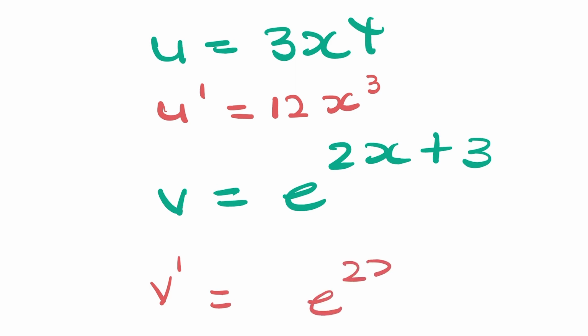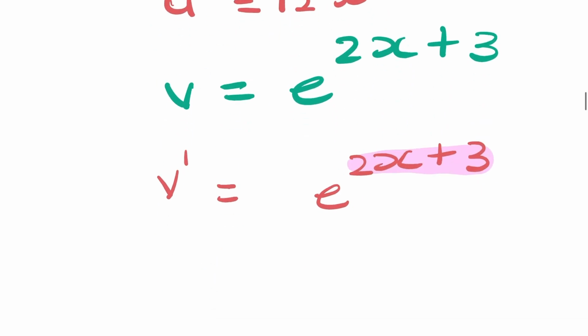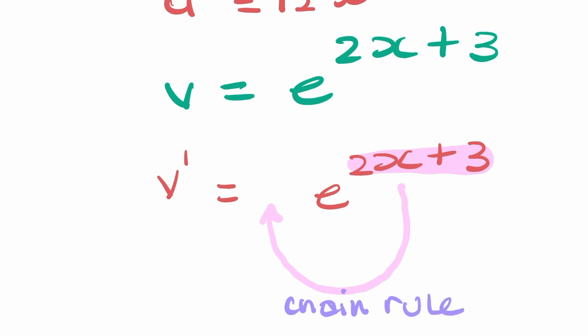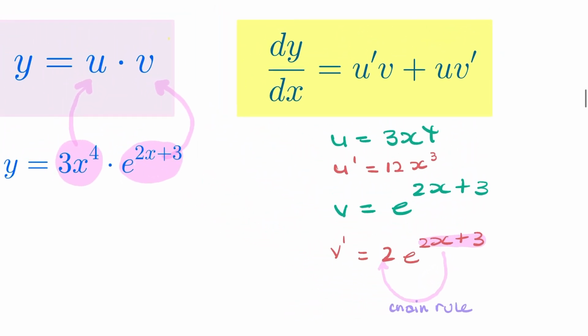We don't change that, we don't touch that at all. But because this isn't x, it's a function of x, we use the chain rule and multiply by the derivative of 2x plus 3. So that's because of the chain rule. Now the derivative of 2x plus 3 is 2, so that's our v dash.